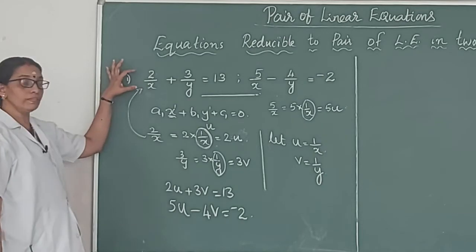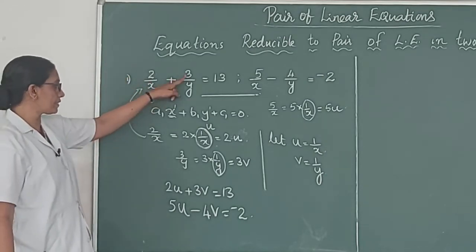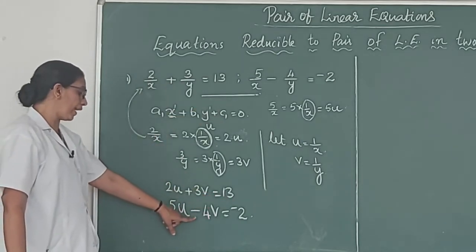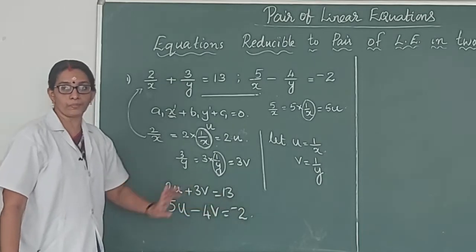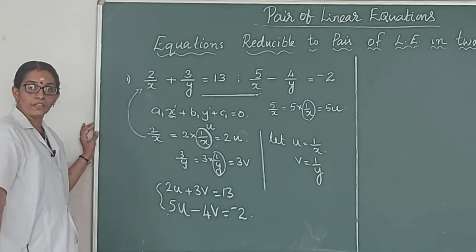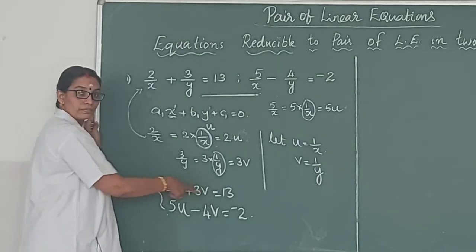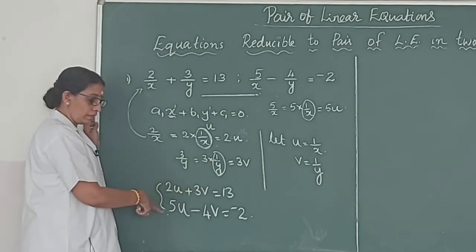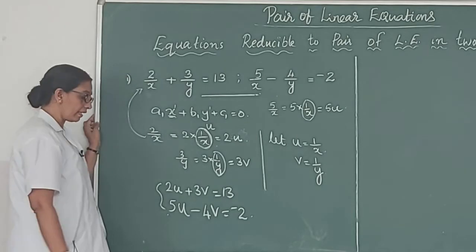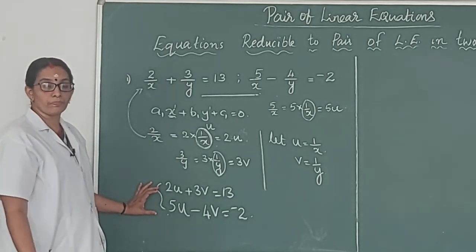So we have changed the equations as 2u plus 3v equal to 13 and 5u minus 4v equal to minus 2. Now look at these equations. What type of equations are these? They are linear equations. So we got a pair of linear equations, isn't it? Now you know how to solve this pair of linear equations. You can apply any method.